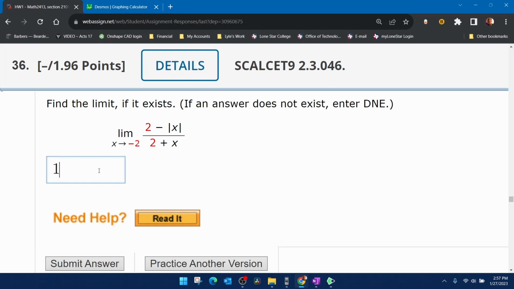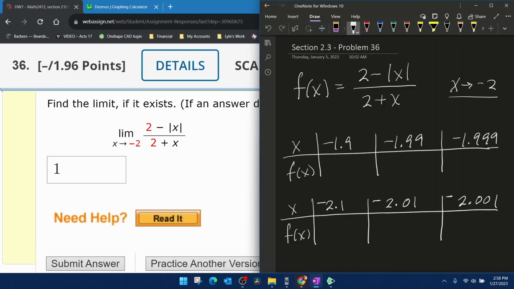And you may be thinking, well, wait, is that the only way to get that answer? Because I don't have access to Desmos. Well, guess what? There is another way. So what we can do in our scratch work is we can look at values of x that approach -2 from the left and from the right.